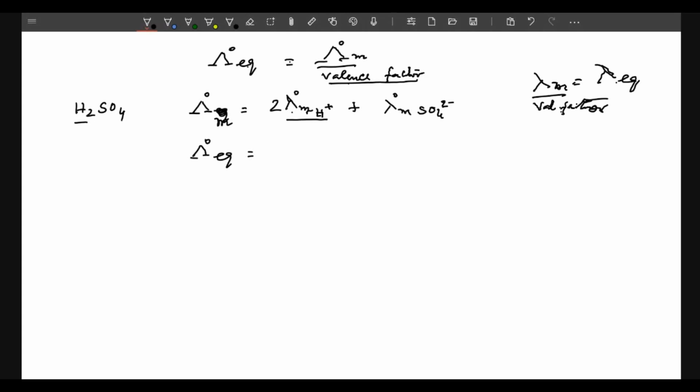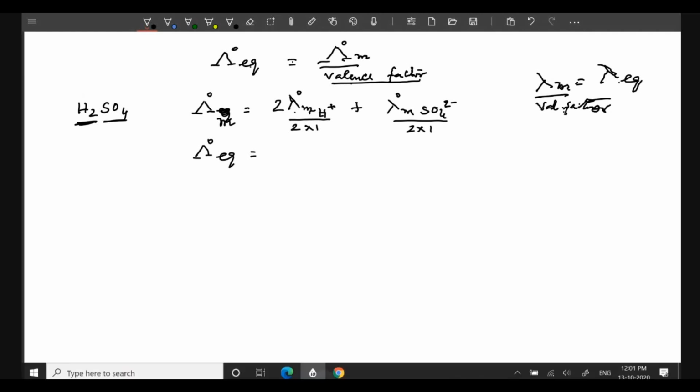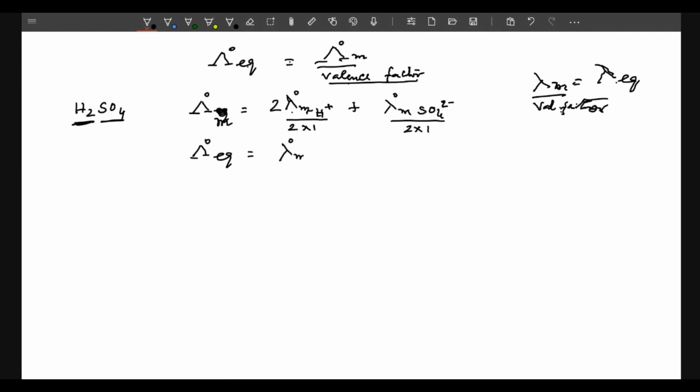In H plus, 2 ions are present and the valency of one is 1, so 2 into 1. For sulfate, how many ions are present? 1 sulfate ion. What is its valency? 2. So 1 into 2. Therefore, the equivalent conductance is given by lambda naught m of H plus converted into equivalent conductance, plus half into lambda m of sulfate ion.